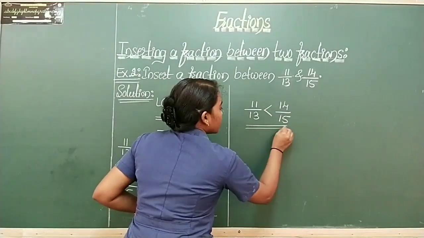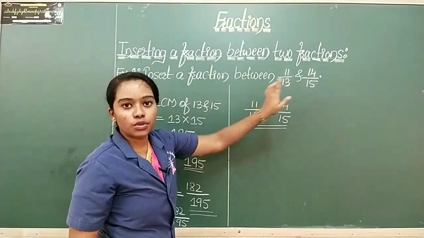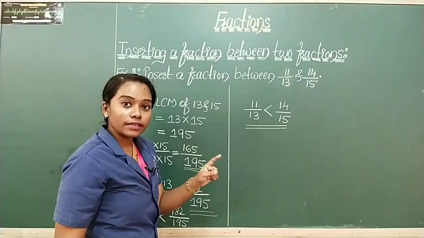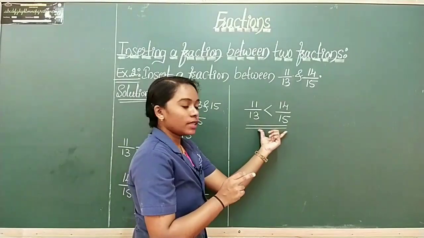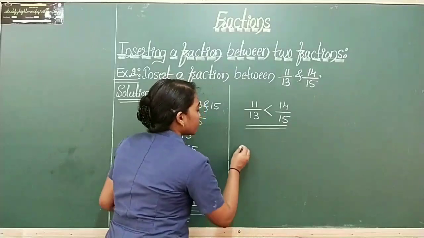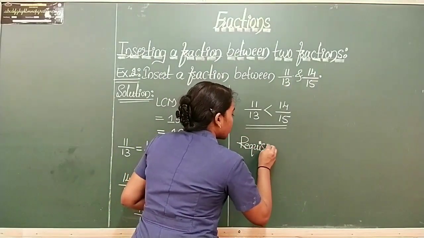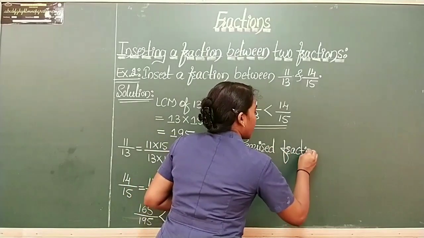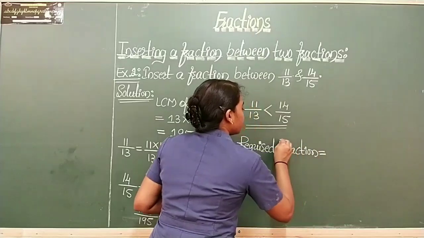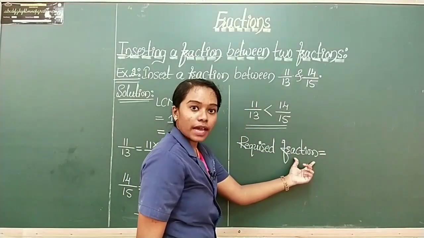After the comparison of these two fractions, we have to find the required fraction which we have to insert between these two fractions. To find the required fraction, what we have to do?